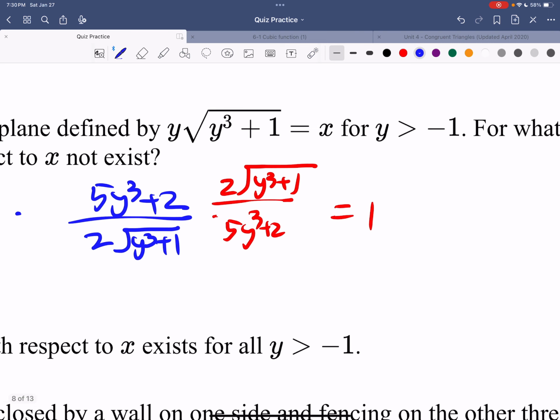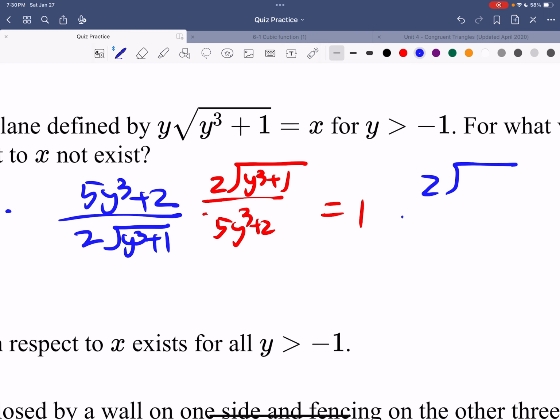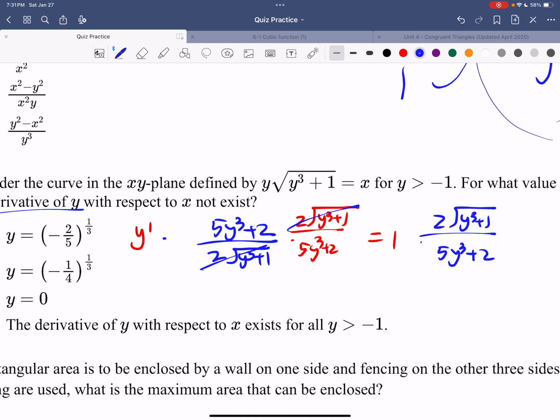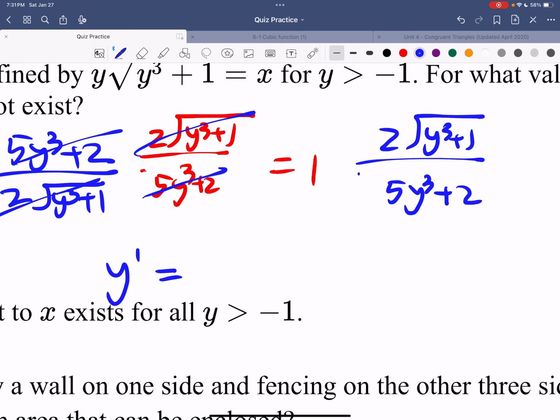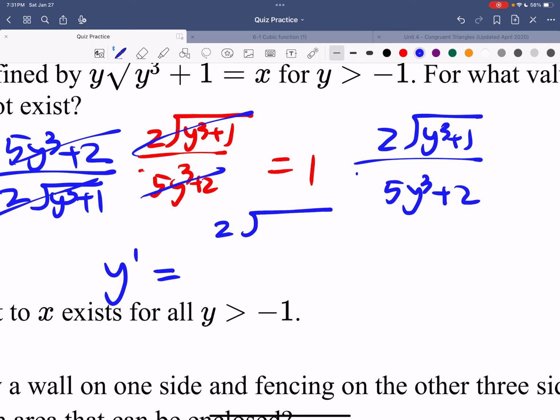Like that. In that case, these two will disappear, that will disappear, so you will just have y prime equal to, finally, 1 times this, which is just 2 square root of y to the third power plus 1 over 5y to the third power plus 2.